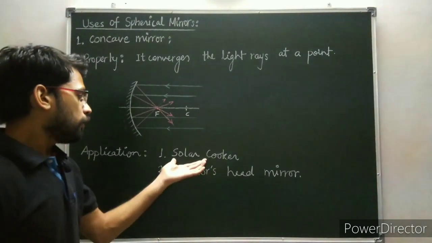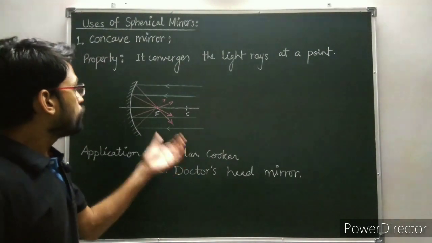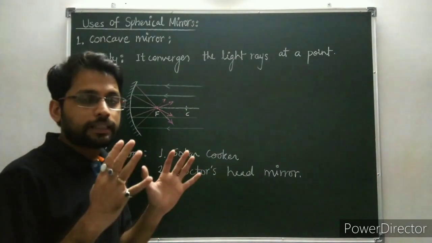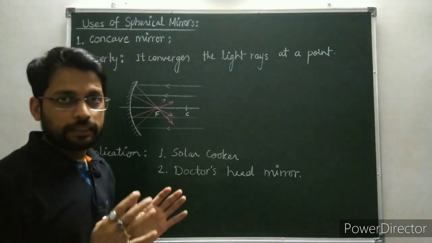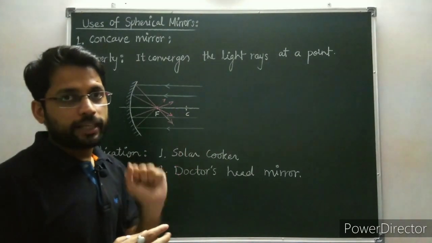In solar cooker we use concave mirror to converge all the heat energy coming from the sun at a point where the cooker is located.